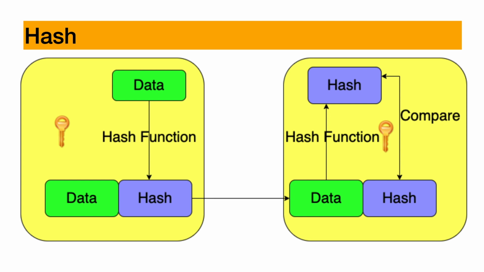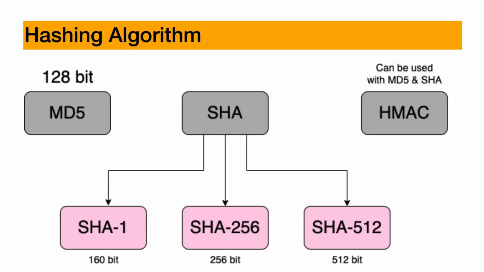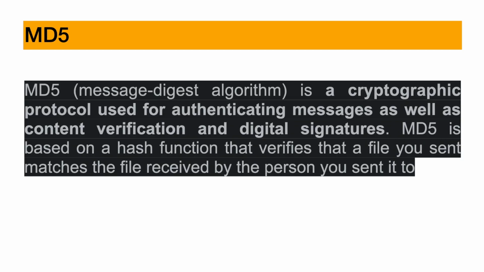Now the next slide, the hashing algorithms. What we have here: you can see we have MD5, SHA, and HMAC. MD5 is, as you can see, a 128-bit hashing algorithm. MD5 means message digest algorithm.